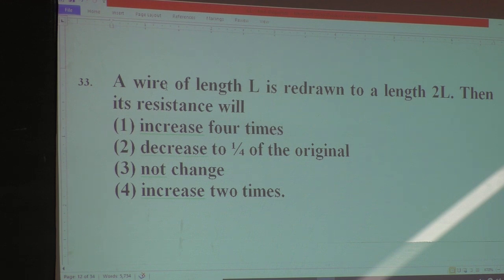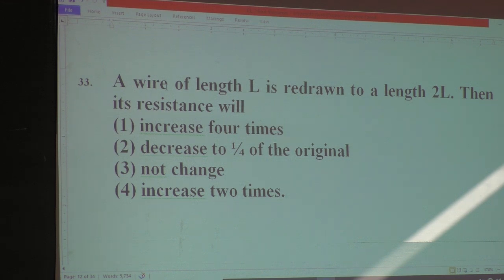Now we see: a wire of length L is redrawn to a length 2L. What do you mean by that? You have to take a wire and stretch it. When you stretch it, the length gets doubled. Then its resistance will be, you know this, the resistance of any wire when it is stretched n times is n square R. Here n is 2, n square is 4. So it increases to 4 times, increases by 3 times, and increases by 300%.